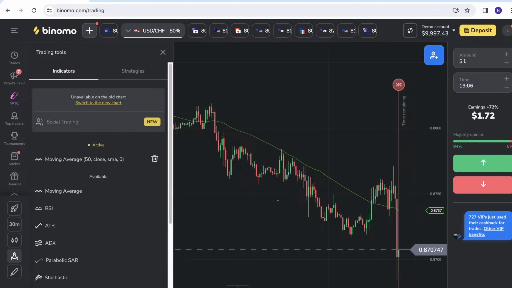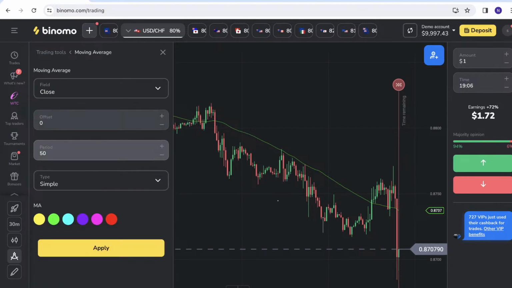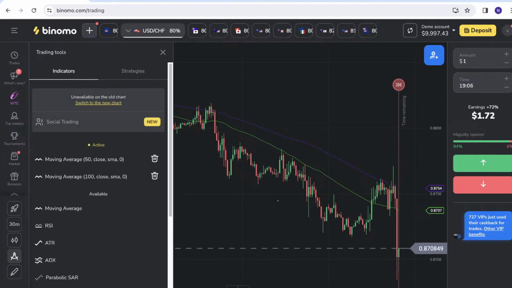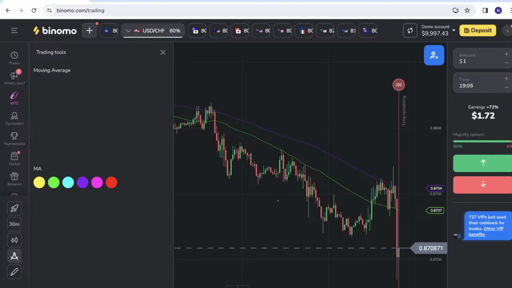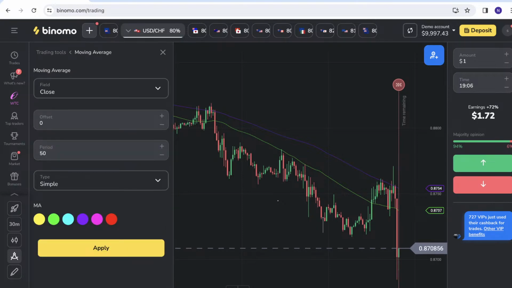The second time I'm also clicking on moving average. This time I will change the period, leave it simple, and change the color. And the third and last one, we will leave as simple moving average, but now we will have a 200 period, and I will make it red.